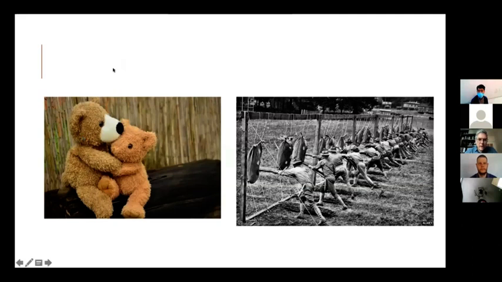All right. So treating people as persons and treating people as objects are two different ways that we can deal with human beings. And as human beings, we seem to have a natural tendency to treat each other as persons. Now, the image to the right shows soldiers during World War I being trained to use the bayonet to stab people to death on the battlefield.